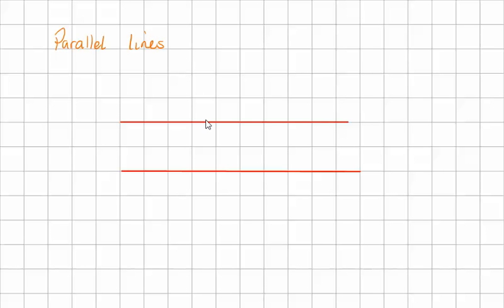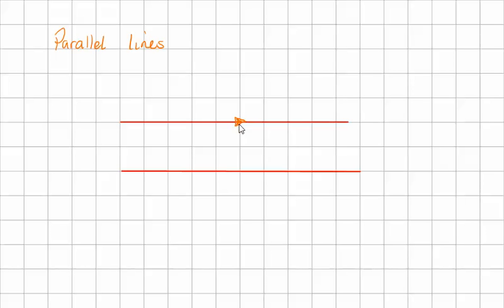We have a symbol you can draw on your diagram so that people know the lines are parallel, even if you don't draw them quite accurately enough. It might be almost impossible to actually draw parallel lines unless you've got squares on the paper. To denote parallel lines, we put arrows.